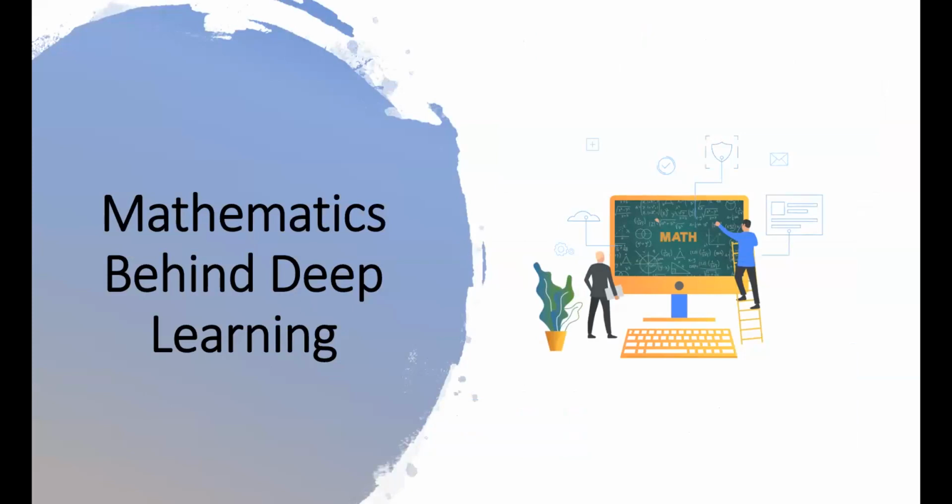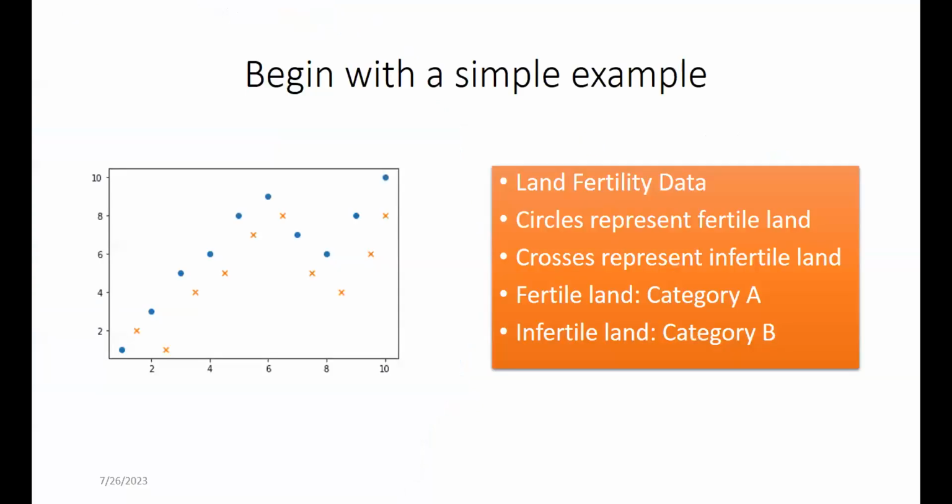Now I'll come to the main point which I wanted to explain in this particular session: the mathematics behind deep learning. We'll try to understand the core mathematical concepts which work when you are developing a neural network model, or training a model using an artificial neural network.